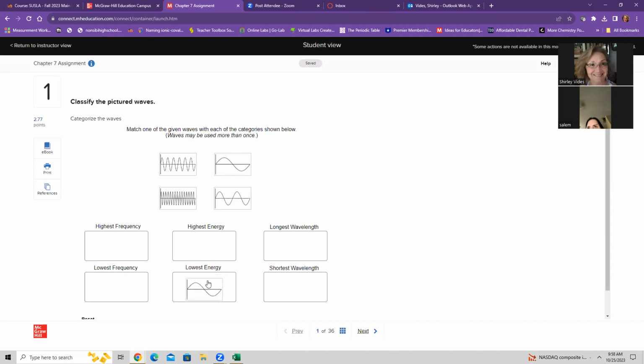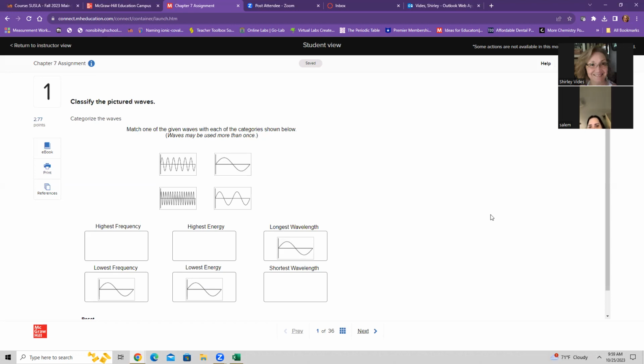Now, as far as how much distance it'll travel, they all travel the same amount of distance. However, how many waves pass through a certain point is also low, which is a low frequency, right? But the length of the wavelength is long. Does that make sense?